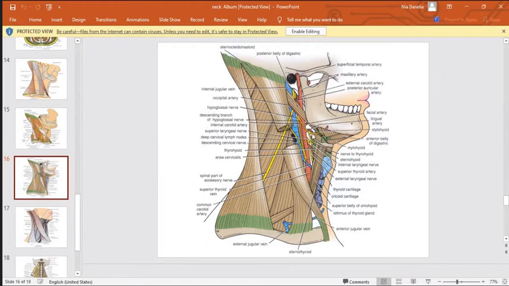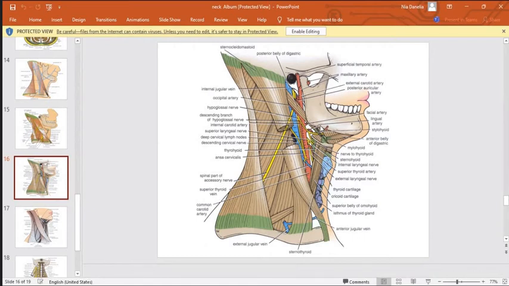This is the lingual artery, which, when it arises from the external carotid artery, passes into the submandibular triangle, and in the submandibular triangle is located a little triangle, Pirogov's triangle. This is Pirogov's triangle.